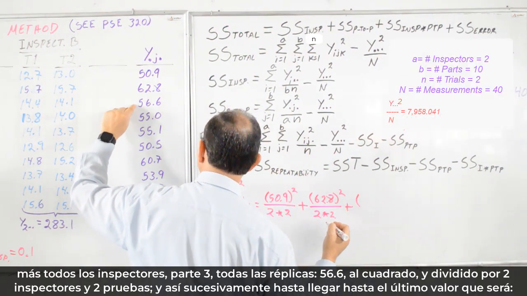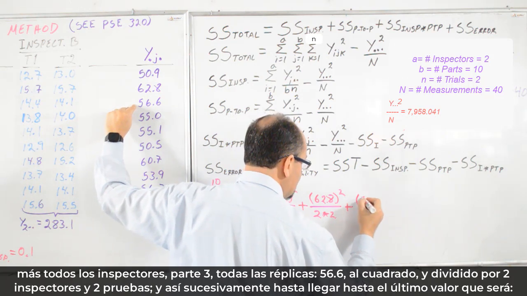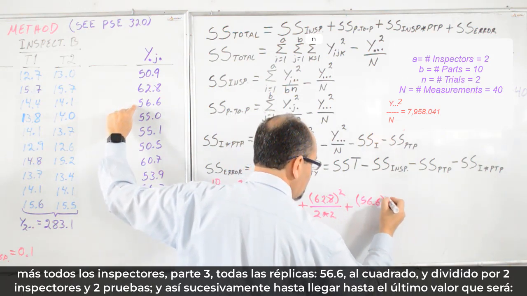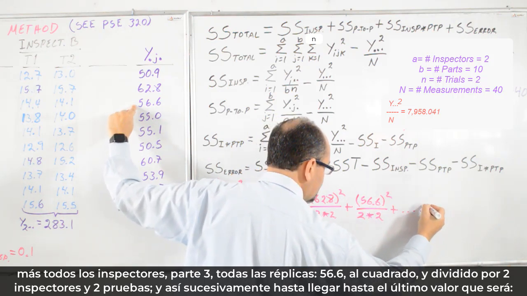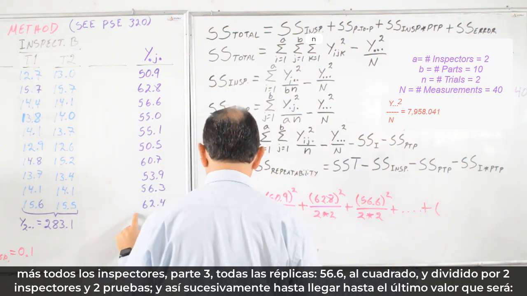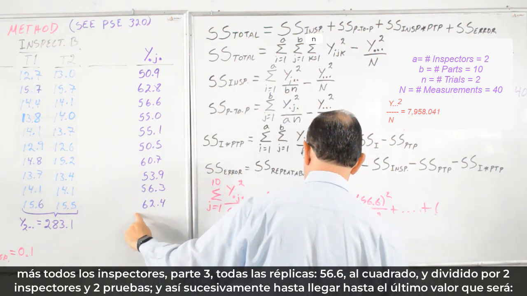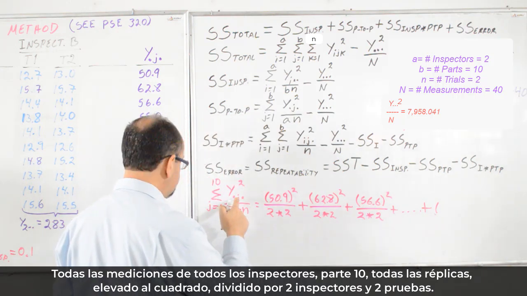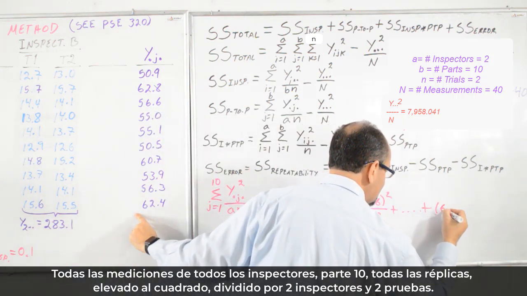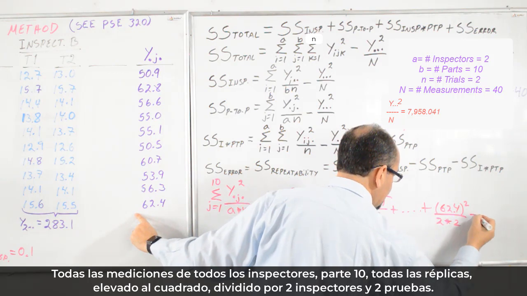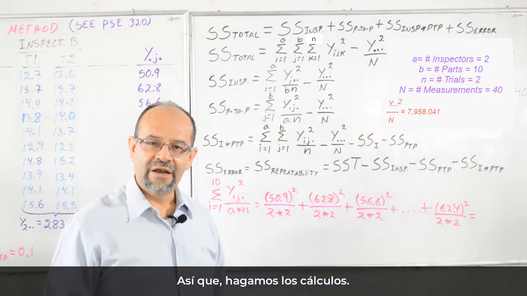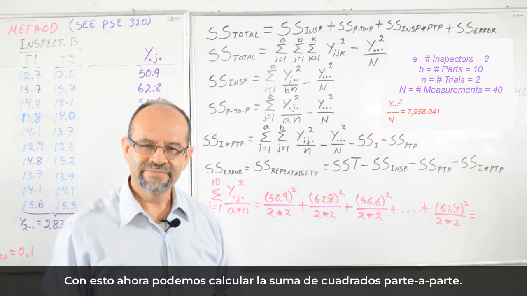Plus all the inspectors, part 3, divided by 2 inspectors, 2 trials, and so on until the last one, which will be all the measurements for all inspectors, part 10, squared divided by 2 inspectors, 2 trials. Okay, let's do the calculations.